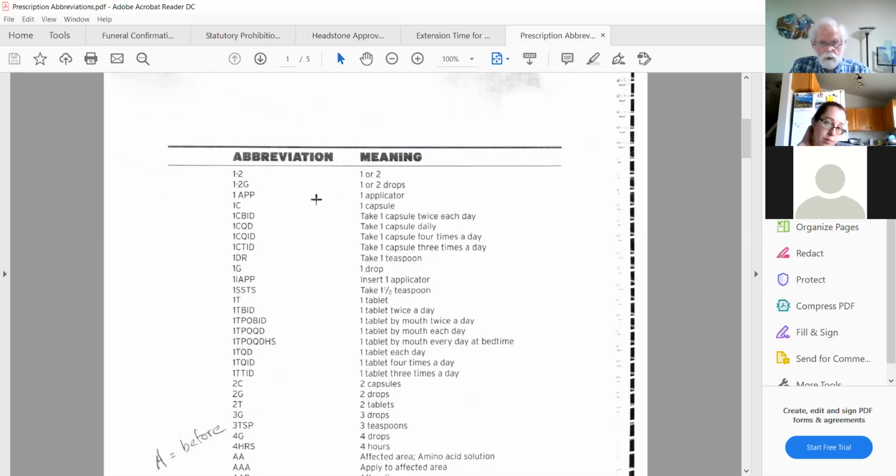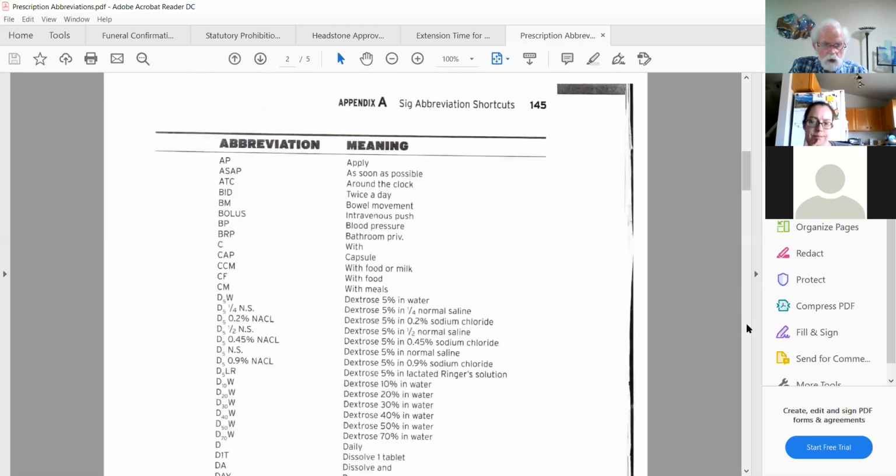If we're going to talk about take one capsule, we should always write CAP at least, if not the full word capsule. So CAP is a capsule.